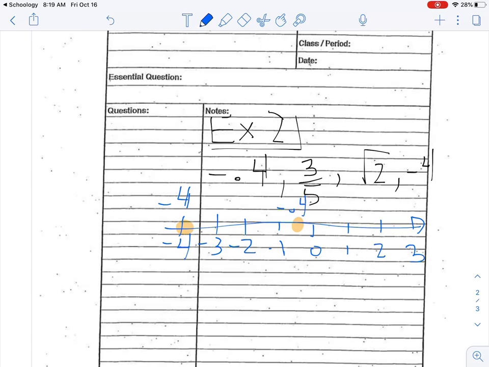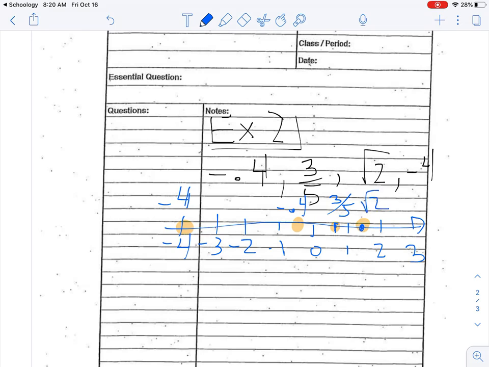Again, label it negative 0.4. 3/5 I know is less than 1 and it's positive, so I'm going to label it just over halfway. Label it 3/5. And the square root of 2, I know it's going to be greater than 1 but less than 2, so I'm going to put it in between 1 and 2 and label that as the square root of 2.